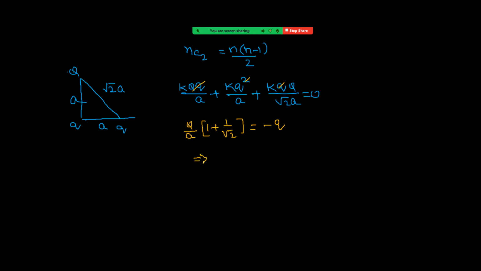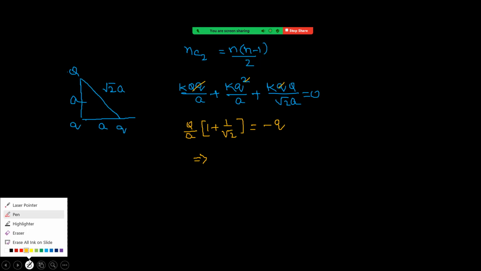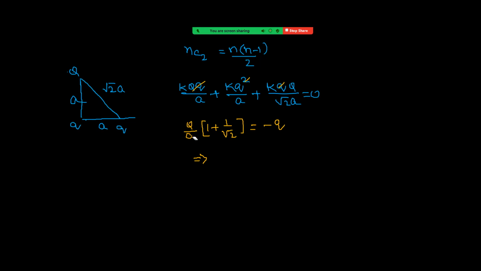Sorry, a also cancels. Remaining is capital Q equal to minus root 2 q by 1 plus root 2. This is the final answer.